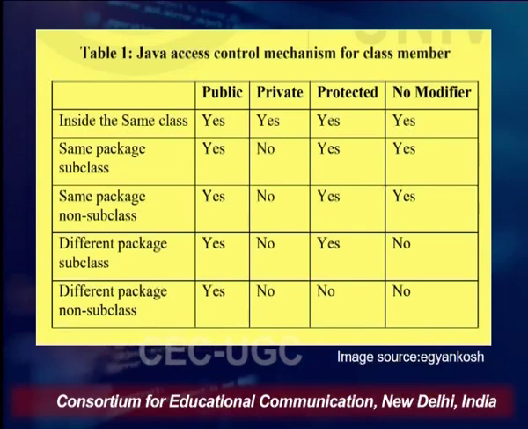And we have also seen this table in our previous lecture, which depicts the control mechanism for class members. To sum up this whole table in short, we can say a public member can be accessed from anywhere. Private can be accessed only from within the class.